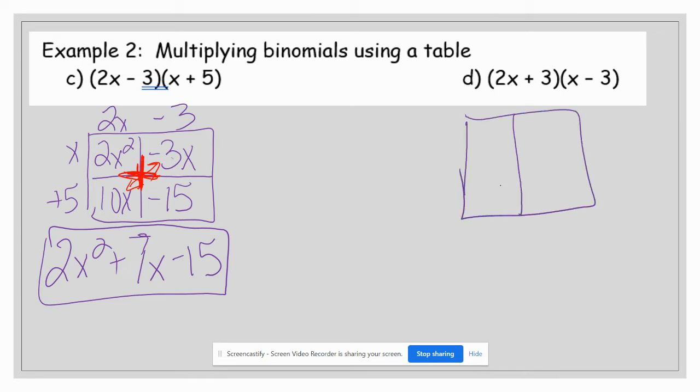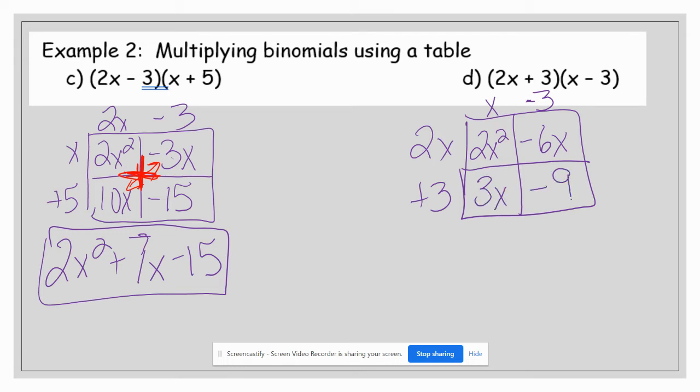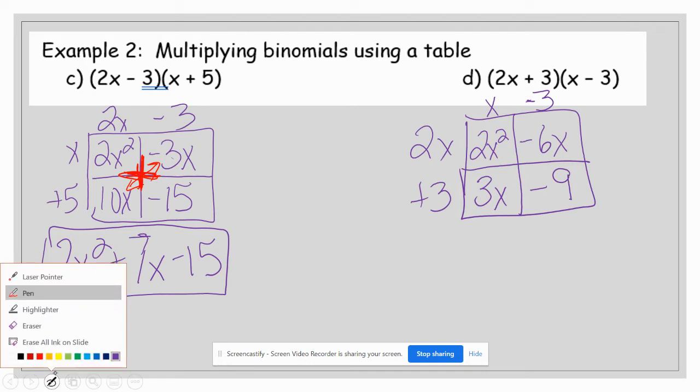I try the same method over here with the second one. This time I can put the first term on the left side and the second term on the top. 2x times x is 2x squared. 2x times negative 3 is negative 6x. 3 times x is 3x. And then 3 times negative 3 is negative 9.